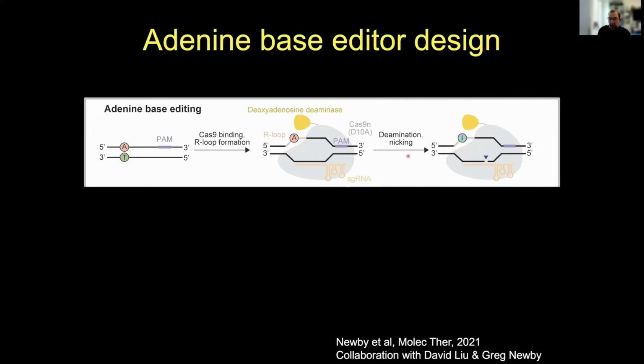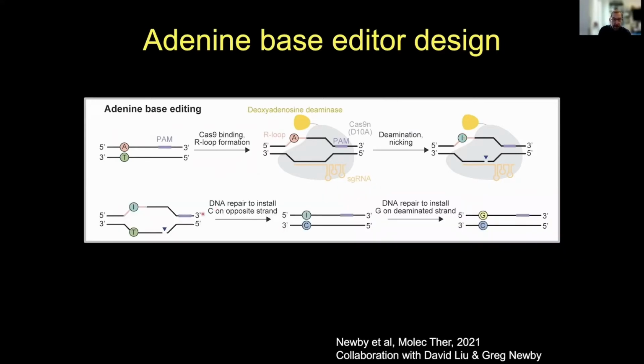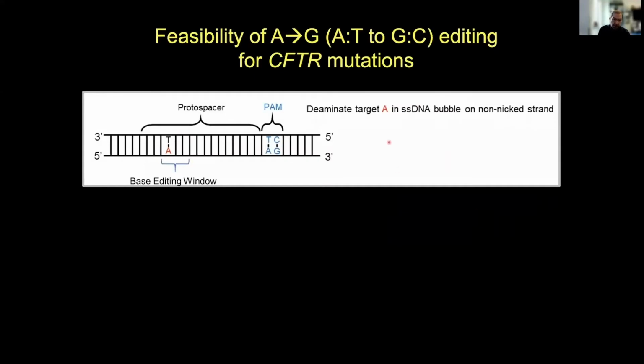The steps associated with the editing involve nicking on the opposite strand of the deaminase, deamination of the A residue to an inosine, followed by repair of the nicked strand, which converts it to a C, followed by further repair with installation of a G residue where the A previously resided.